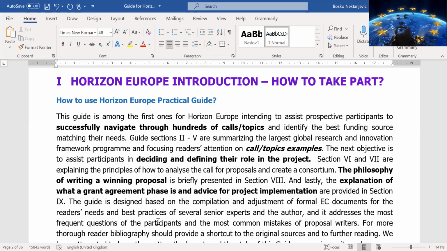Anyway, so the concept of the guide was to address the most frequent questions for prospective participants and address the most common mistakes and barriers of those who are embarking to take part in Horizon Europe.